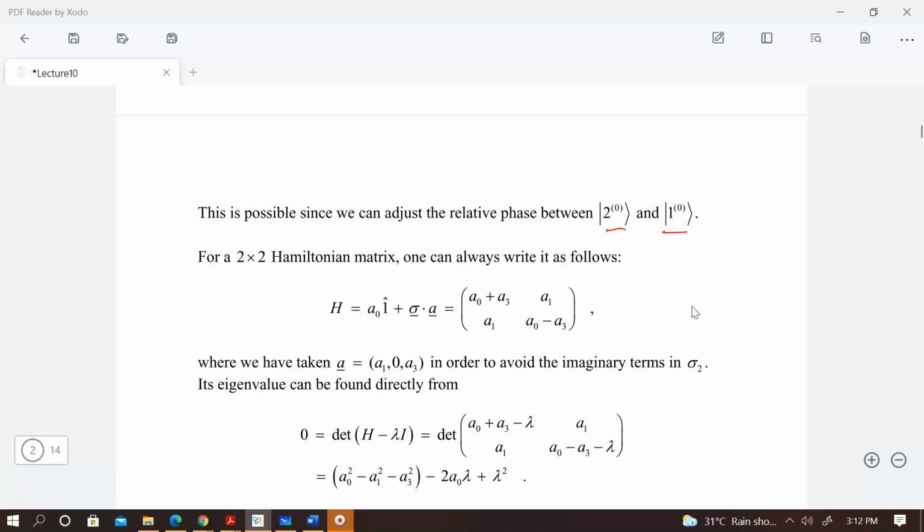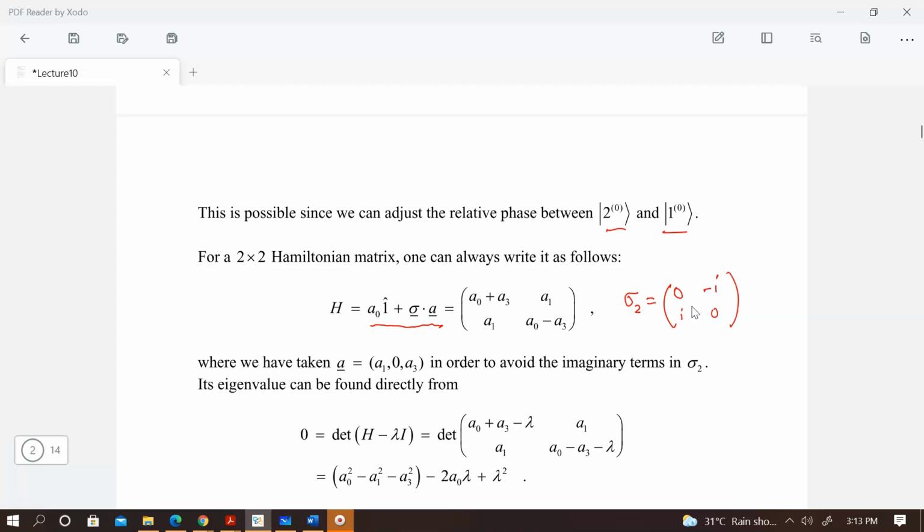Remember that you can always expand any 2 by 2 matrix in terms of this expansion. The only thing that we try to avoid in this particular case is the one which involves sigma 2, because sigma 2 is, if I'm not mistaken, I can't remember precisely which one is positive and negative. I think it's this one.